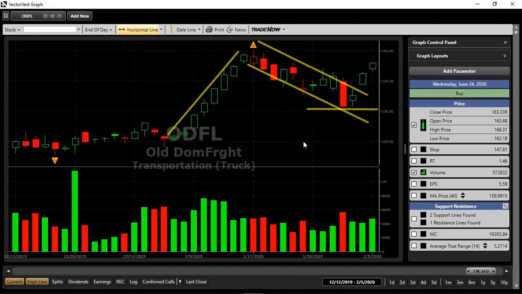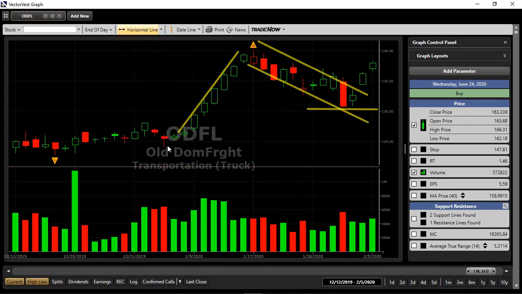We also talk about what's called the measured move. The measured move is where you should expect price to run to after the breakout. And with a bull flag, the measured move is the length of the flagpole.